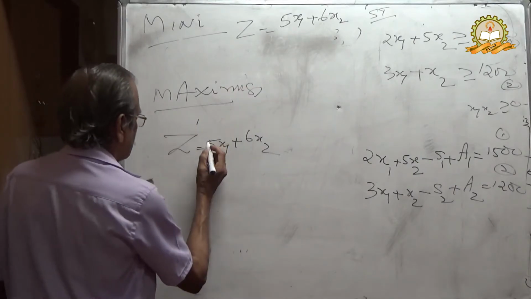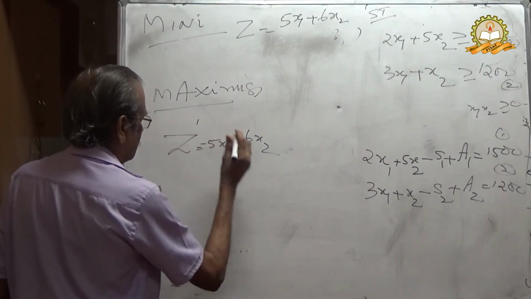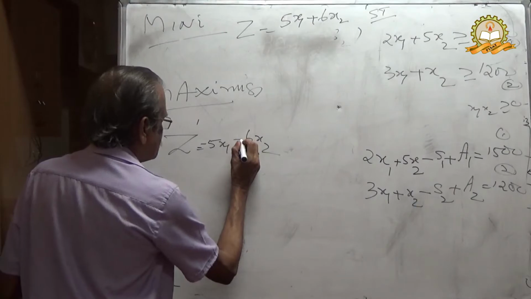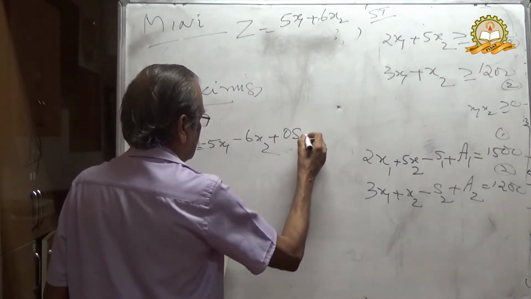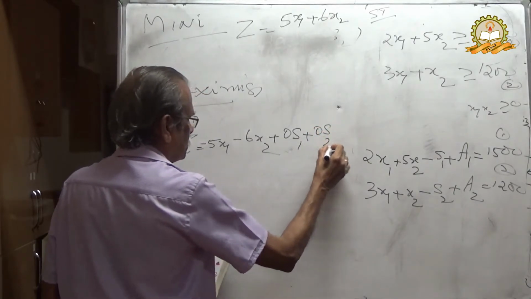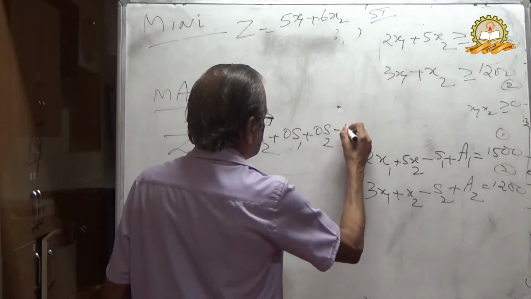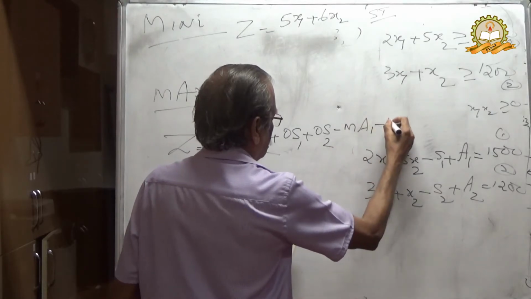Therefore, the maximization becomes -5x1 minus 6x2 plus 0s1 plus 0s2 minus Ma1 minus Ma2.